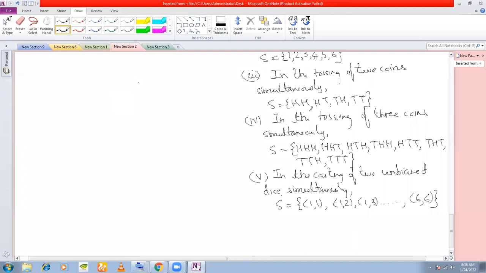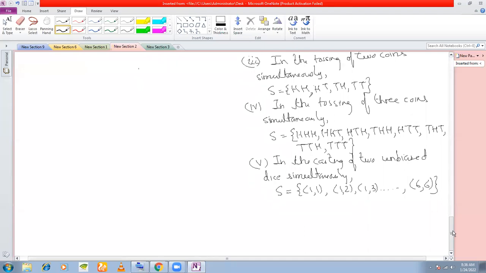Now, once we know the definition of sample space, we are in a position to define something called the event. Very important definition. Event. Any subset of the sample space is called an event. I've written all the sample spaces above. You see, each of the experiment is called an event. This is the mathematical definition.